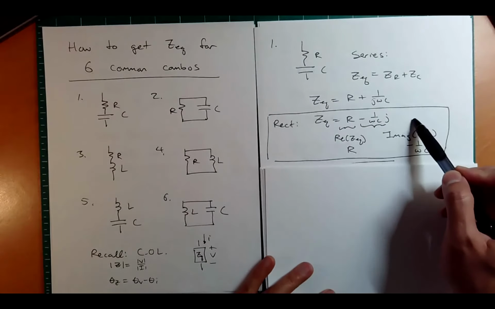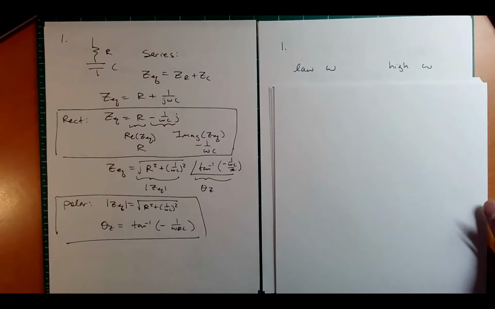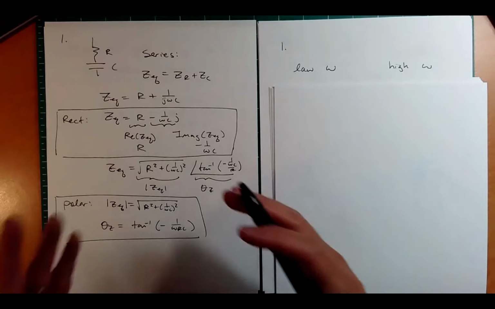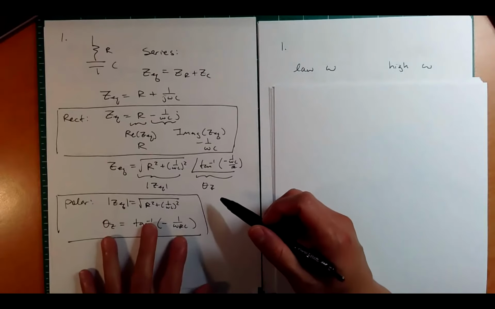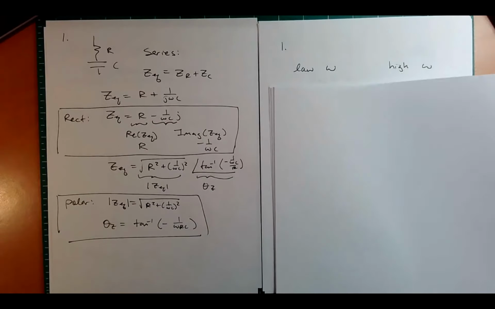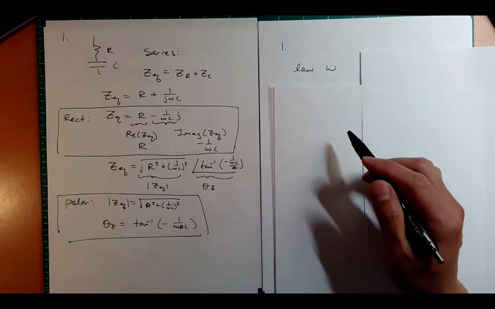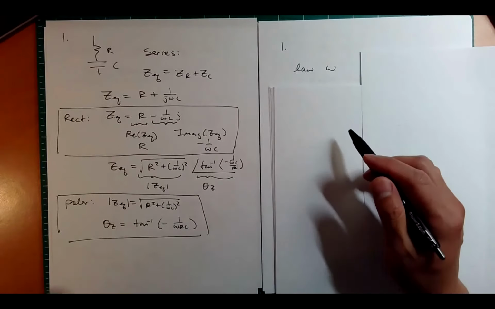So what kind of intuition do we get from this? I hope you realize by now I'm a big stressor of intuition, not just showing you the equations, but showing you exactly what each term means, right? And so for low omega, what does that mean? At low frequency, what does the capacitor behave like? It behaves like an open circuit.